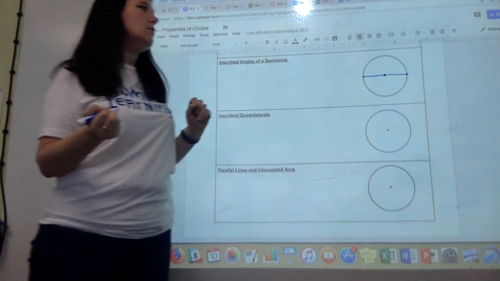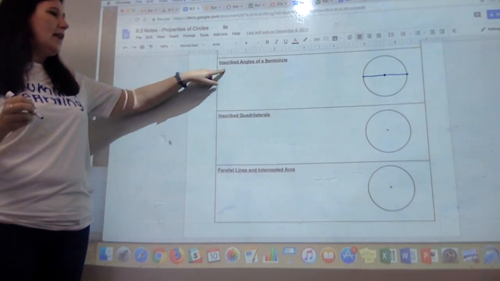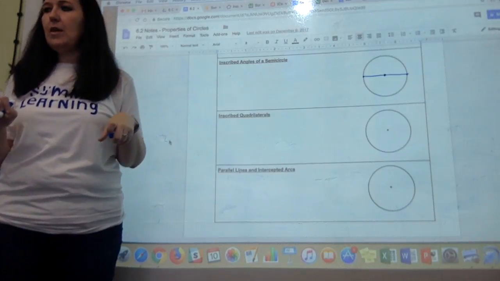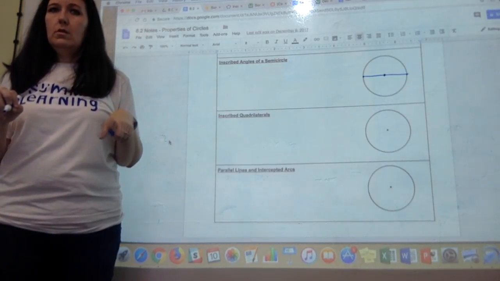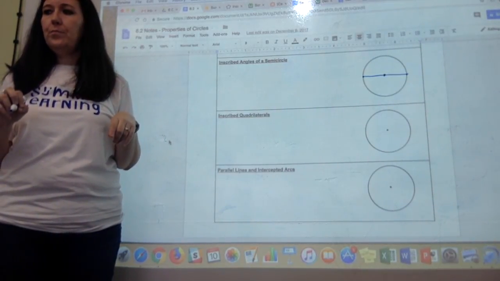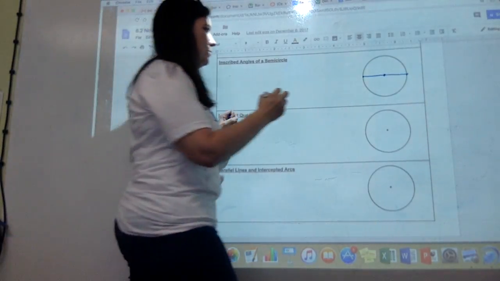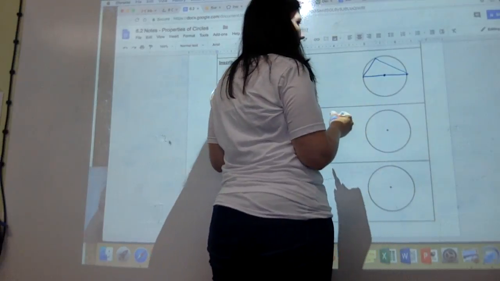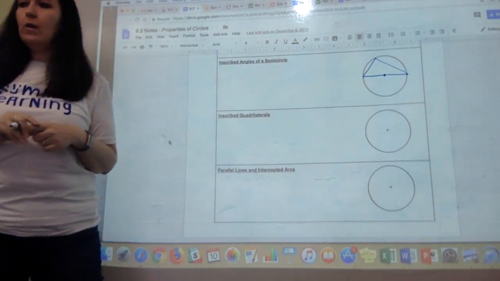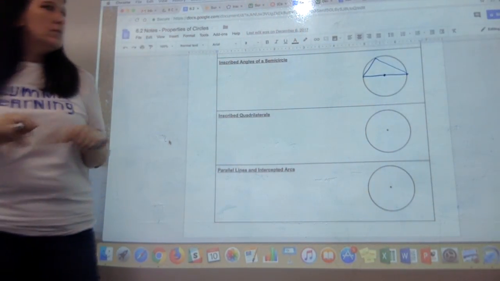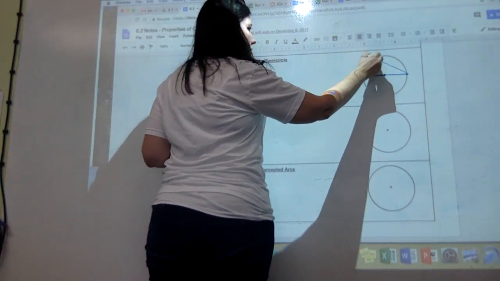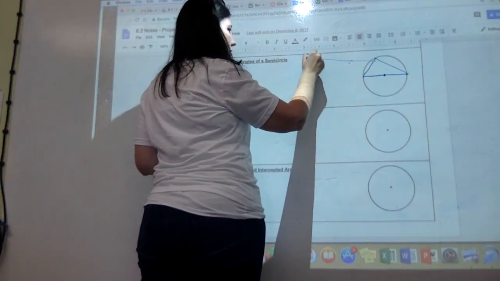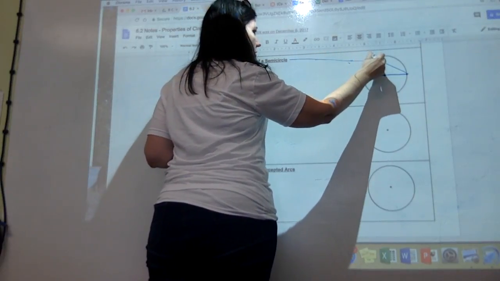Okay, so there's a semicircle. Now I need an inscribed angle that creates that semicircle. So how would I draw that? A, B, C. So I draw that, right? So now I have an inscribed angle. So this is an inscribed angle of a semicircle, correct?